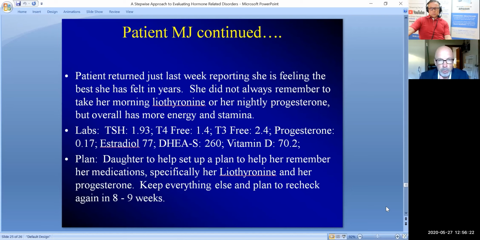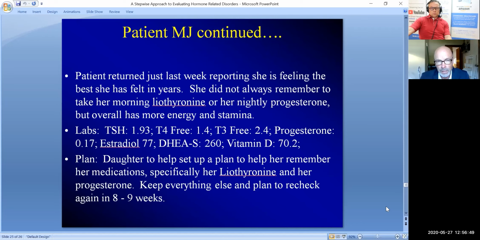She returned last week with her daughter, just feeling absolutely wonderful. Not always good at remembering her morning liothyronine or her nightly progesterone, but overall her energy and stamina had improved. Came back with her TSH, free T4, free T3, still not where I wanted to see it, so probably a big indication that she's not taking that liothyronine as scheduled.